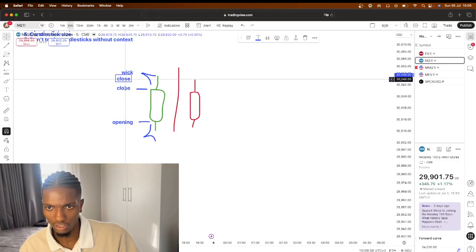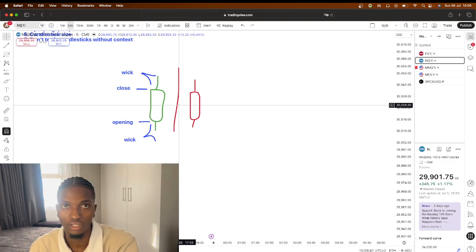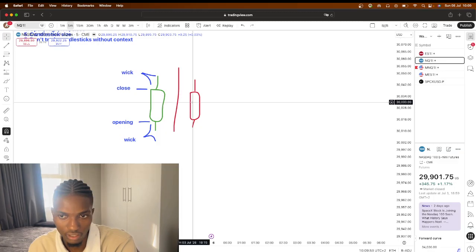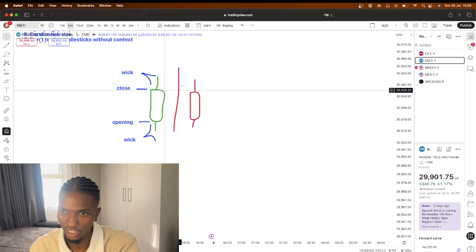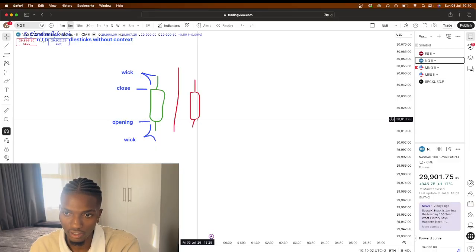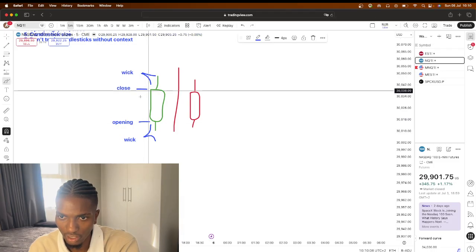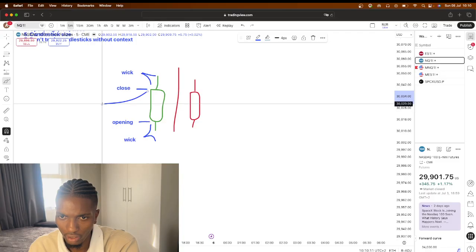And then down here we have what again? A wick. So this is for the bullish candlestick, right? Now for the bearish candlestick, same thing applies, right? We have a wick, but then what's different is our closing is down here. Oh, another thing that I forgot to show is that this here is the body of the candlestick.